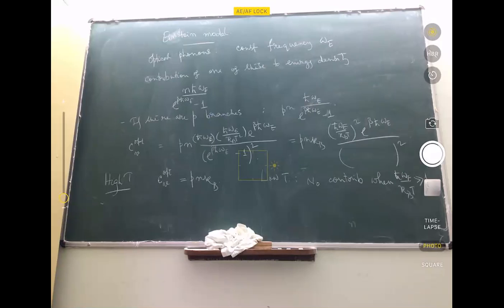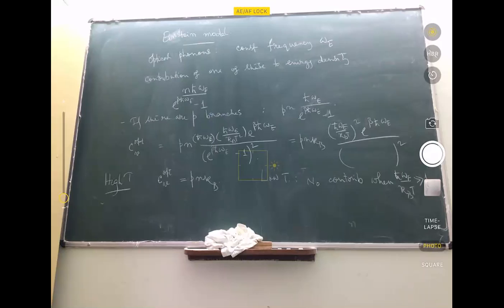In the Einstein model, the acoustic modes are treated exactly as in the Debye treatment, but the optical phonons are taken to have a constant frequency, which is independent of K, independent of which mode, which branch you are talking about. They have a constant frequency, and that's how you evaluate the specific heat.